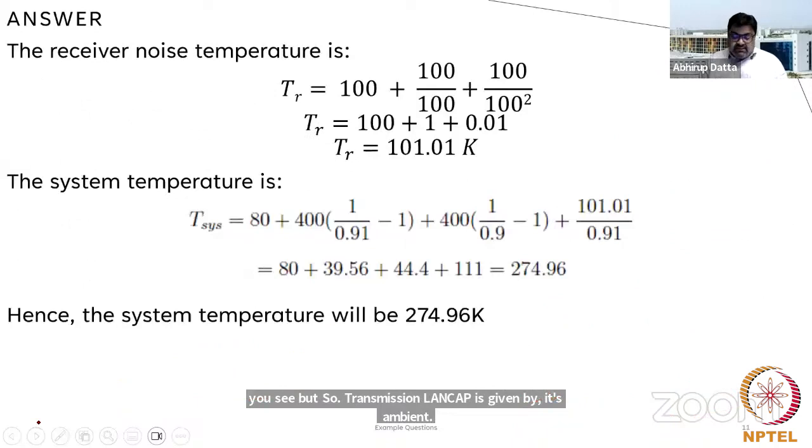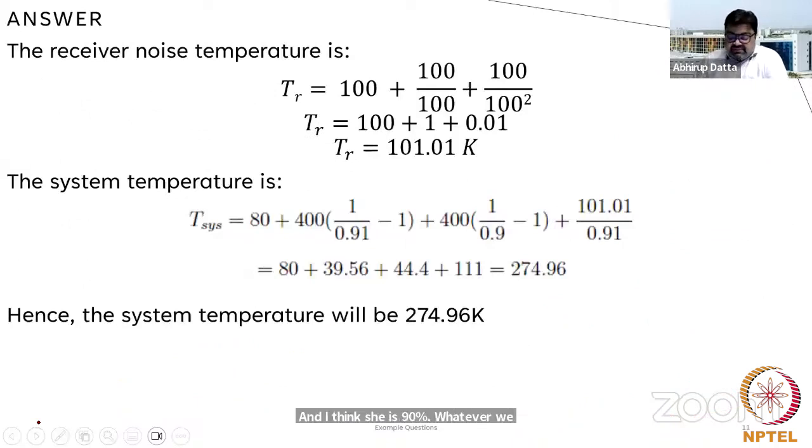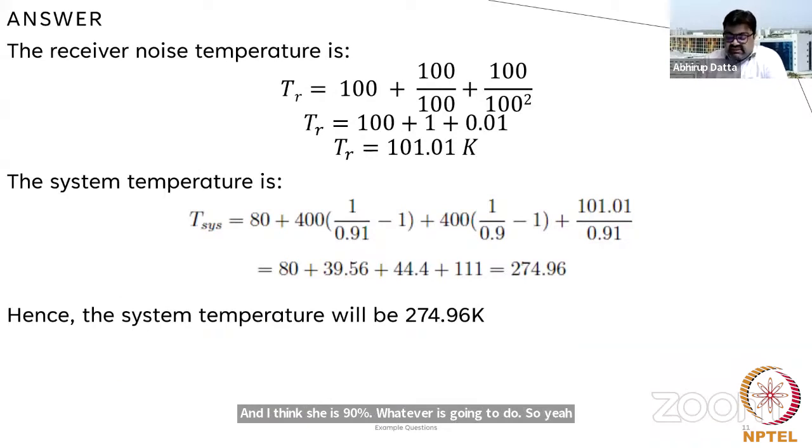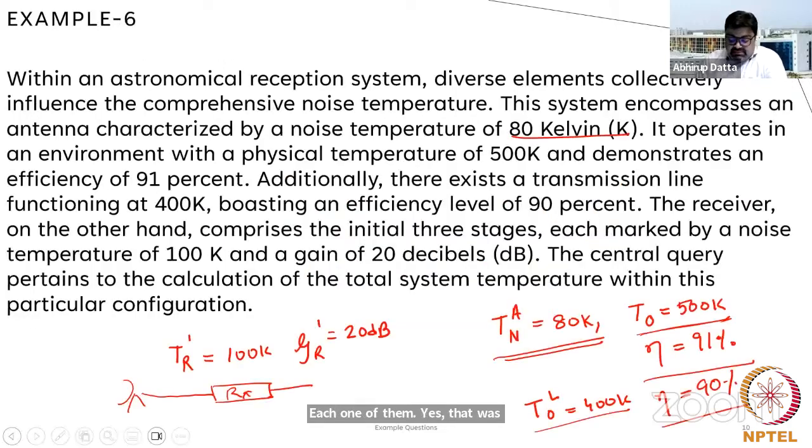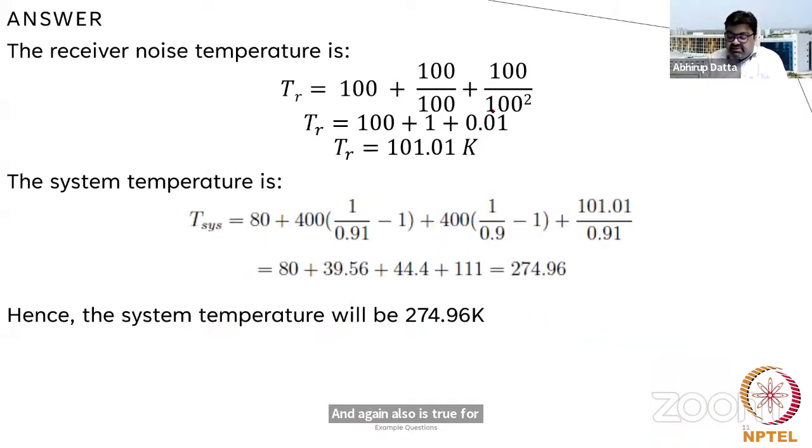So let us see what we are going to derive. The total receiver noise temperature has 3 different stages. The receiver comprises initial 3 stages, each marked by a noise temperature. So this is true for 1, 2, 3, and gain also is given for 1, 2, and 3. We have done this problem before.